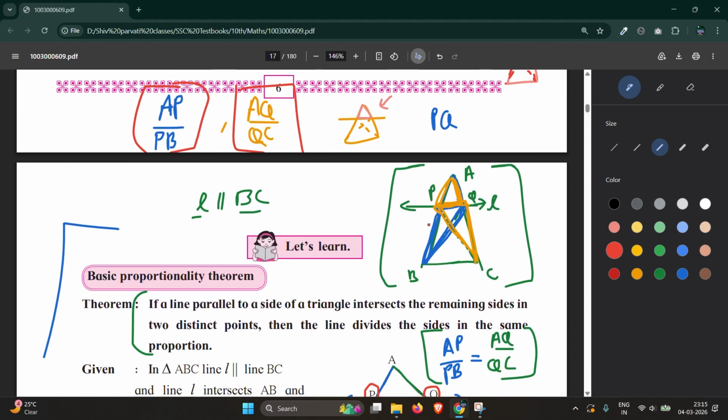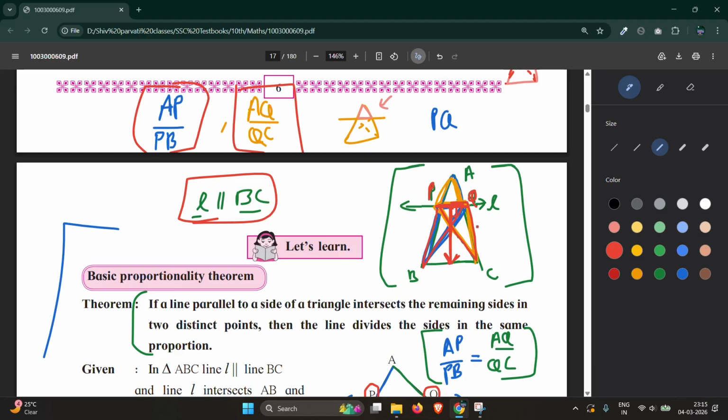Now what we do is we consider these two triangles, and since these two triangles have a common base, that is PQ, and they also have equal height. Why? Because L is parallel to BC, that we already have given. So that means that the shortest distance from any point on this line to any point on this line will be the same, right?